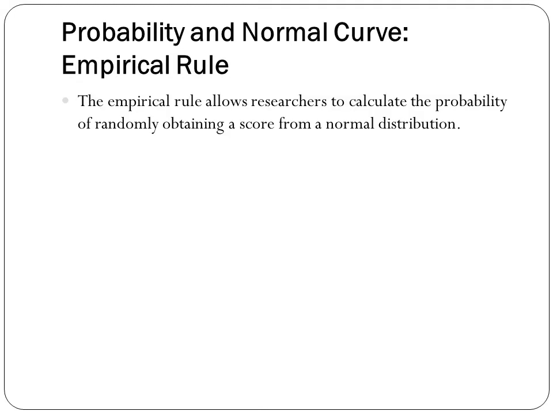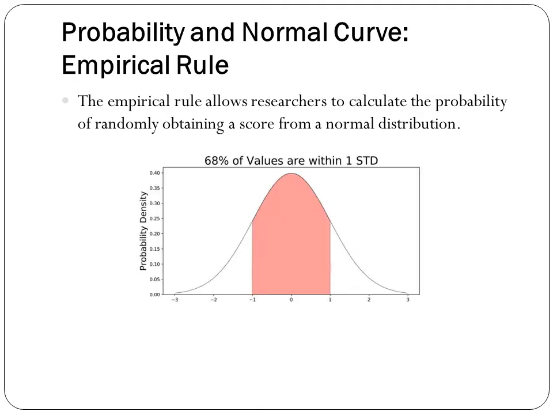The empirical rule allows researchers to calculate the probability of obtaining a score from a normal distribution. So that is the example given a while ago. The 68% is the percentage or the probability from the mean going one standard deviation away from it on your left as well as on your right side.